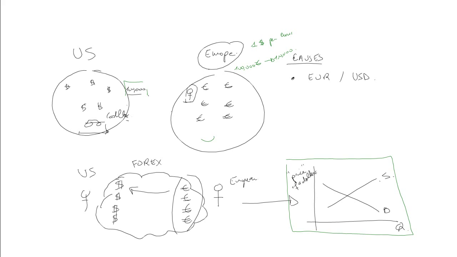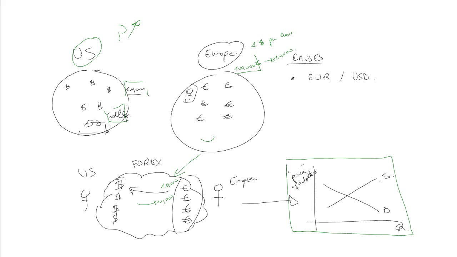Then the European would have to give up 100,000 euros to get the Cadillac. He would go to the forex market, give up 100,000 euros, get $100,000 in exchange, and then buy the Cadillac.